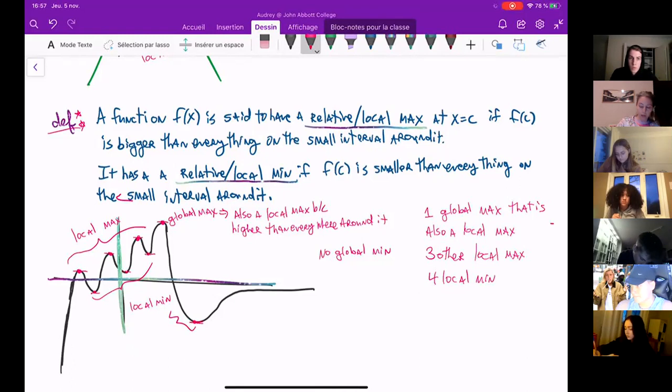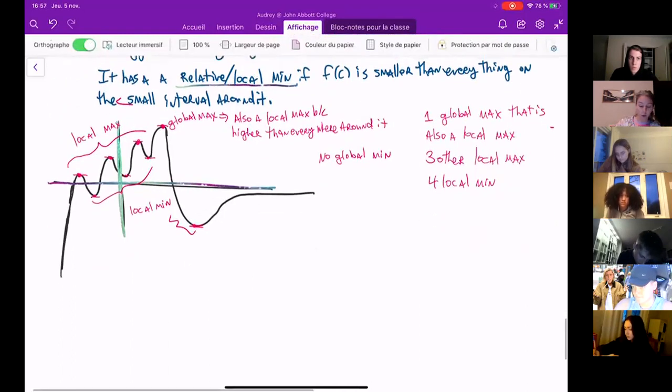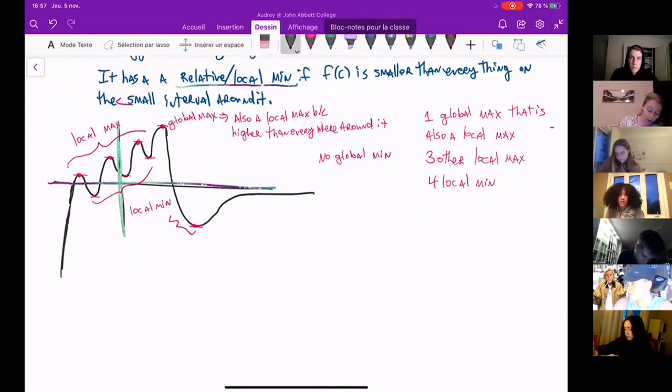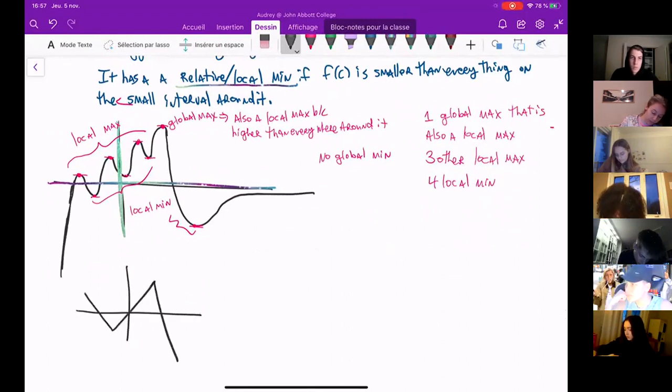Now that's not the only thing that could happen to have a global max or a global min. I could also have, for example, something like that. Does this have a global max or a global min?